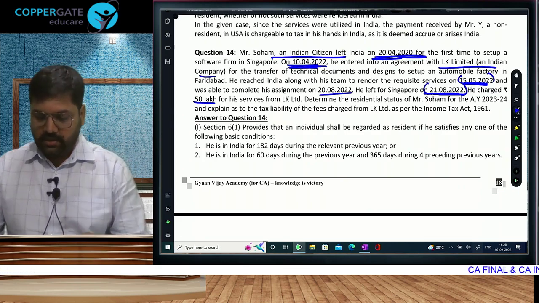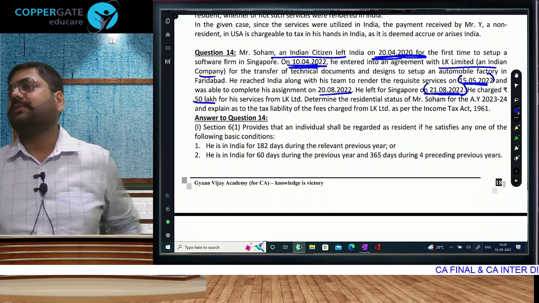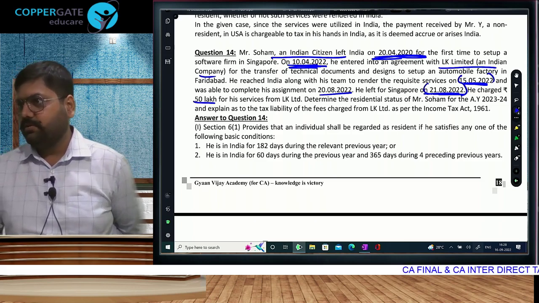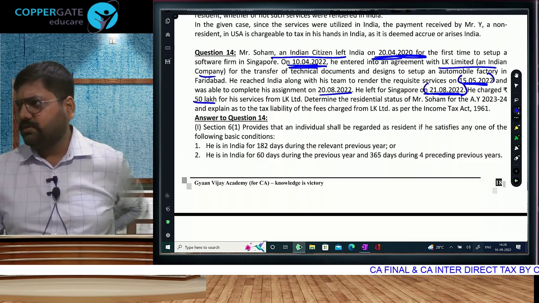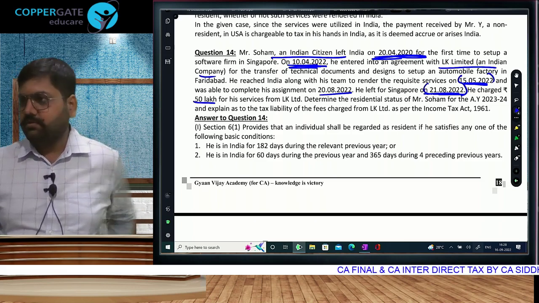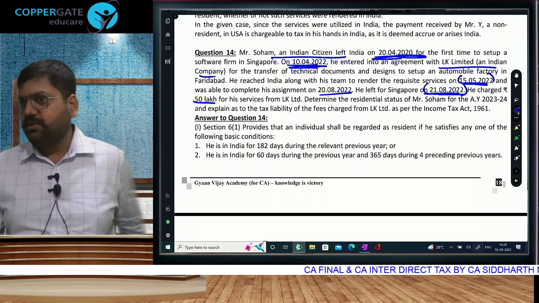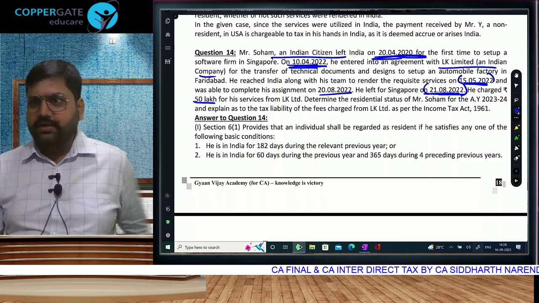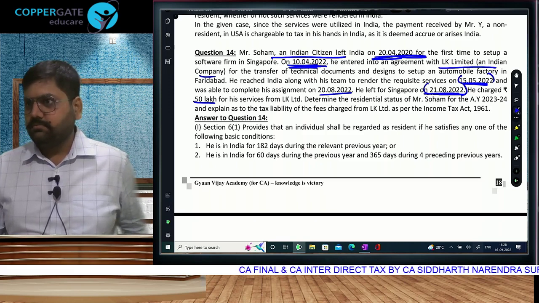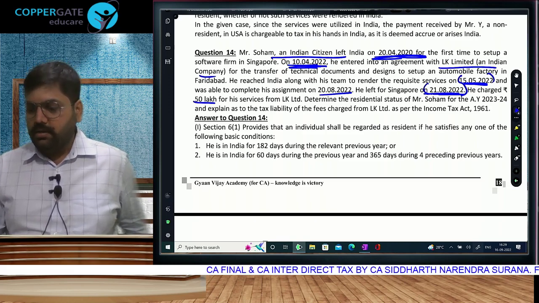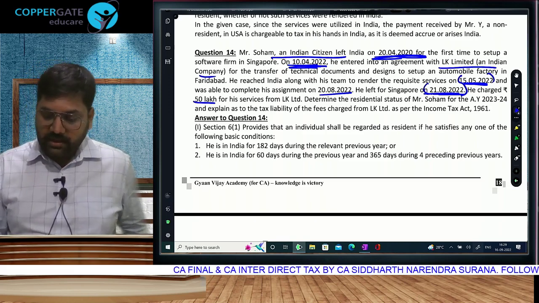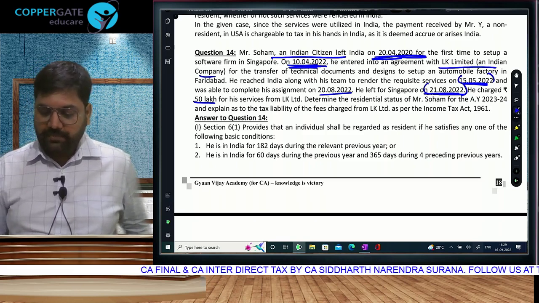Yes. Okay. Now there is one defect in the suggested answer given by the institute here. This is the institute's suggested answer. They said when he left, he left. At that time 63, 65 not applicable. In the current year he has come back. Correct or not? They are saying that he has come to India for the purpose of visit.